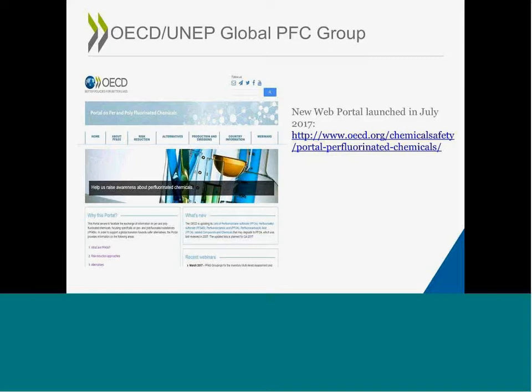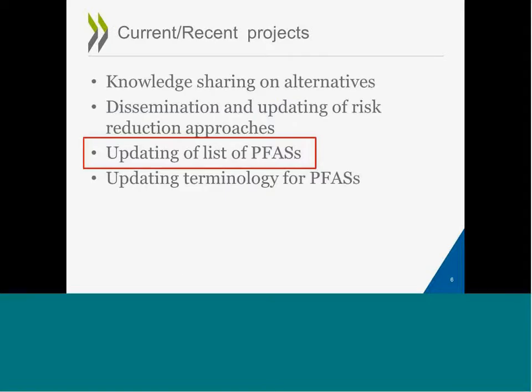Here you can find the publications and links to work such as that we'll be talking about today, the lists. We'll be using this portal in the future as a place to disseminate other information, and if we have future webinars as well.